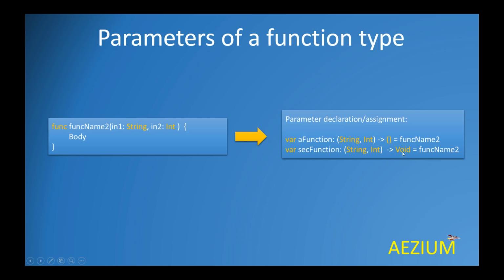Similarly, we could do the same thing with the second parameter. So in effect, we are assigning the same function to both of these parameters, and we're turning both of these into functions as well.